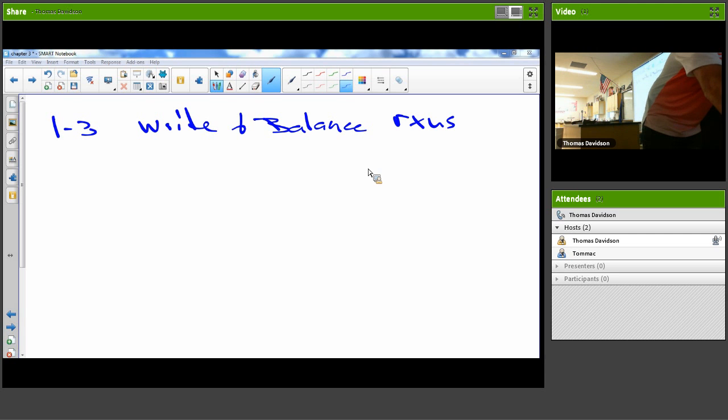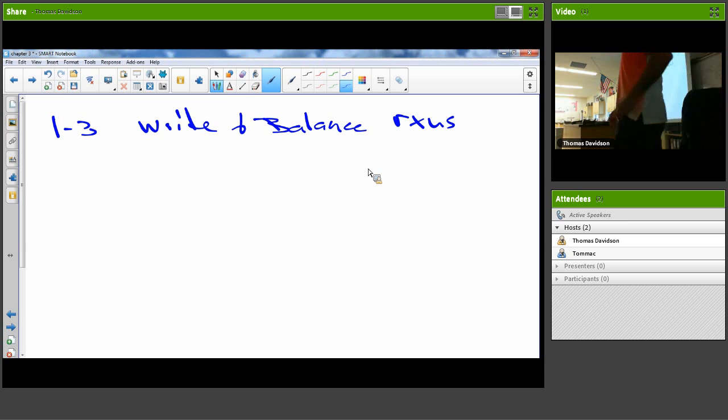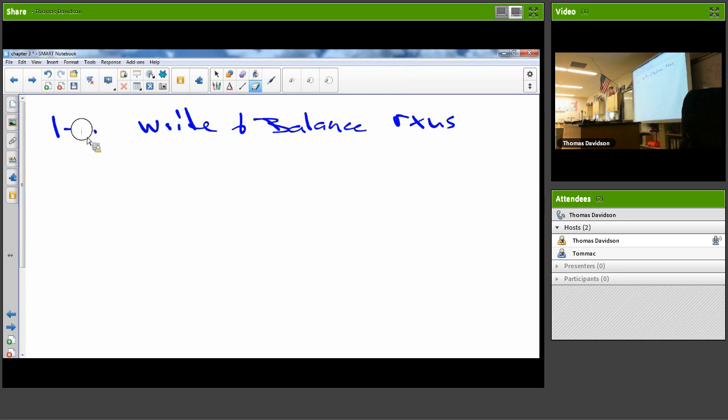Write and balance. Well, there's 3 right there. Okay, well, are you all right writing the formulas from words? Good. That's actually not 1 through 3. That's 1, A through C.